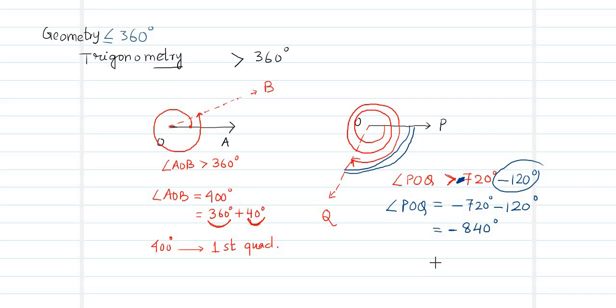Now it is extremely important to determine in which quadrant these positive or negative angles actually lie. The next concept that we will discuss is angle measurement. It is very important to learn about angle measurement.